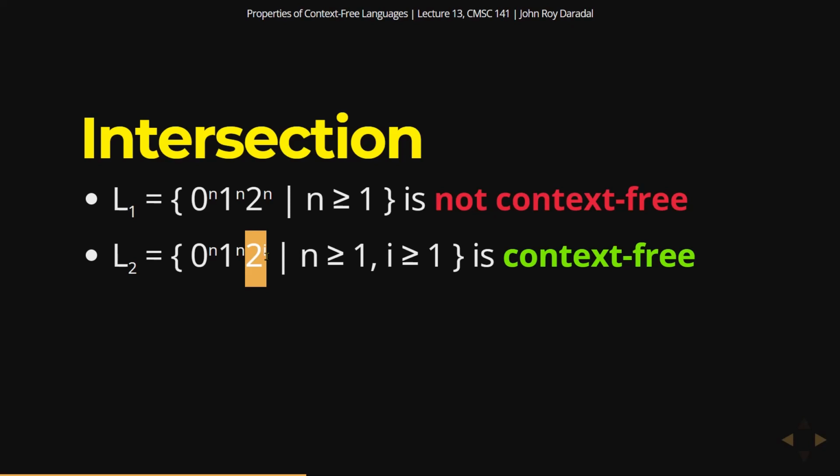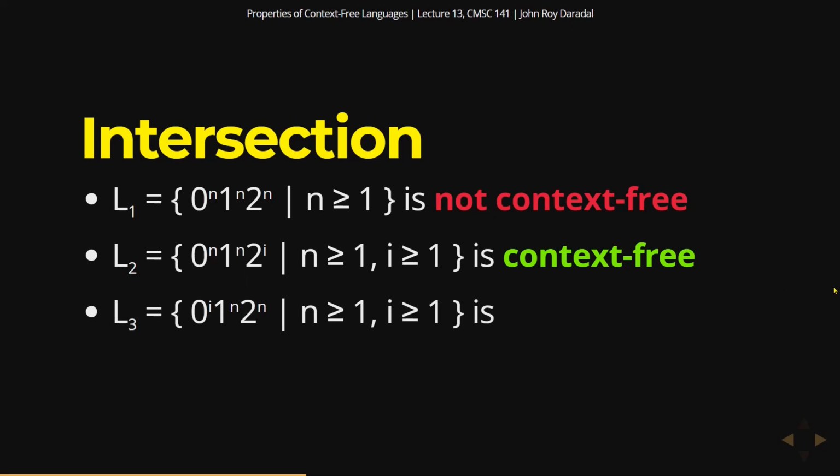Well, 2 has the exponent i. So i could be any number from 1 onwards. So you don't really care about the number of 2's for as long as the number of zeros and ones are equal. Okay, so this is still context-free. And in fact, I will show you a grammar for this later on to prove that this is in fact context-free.